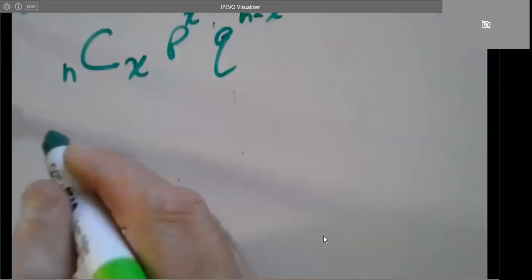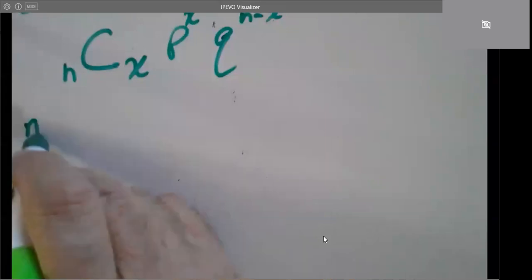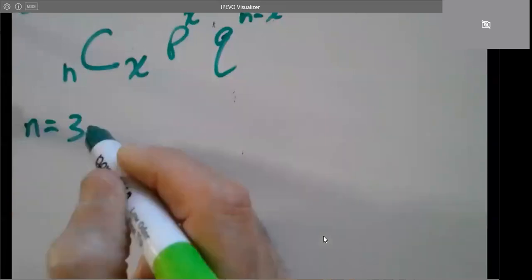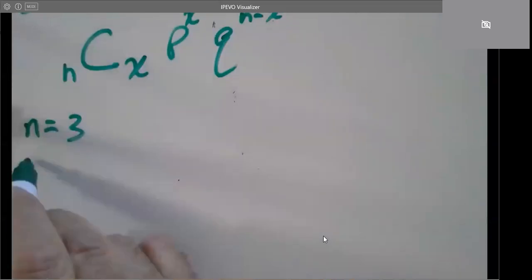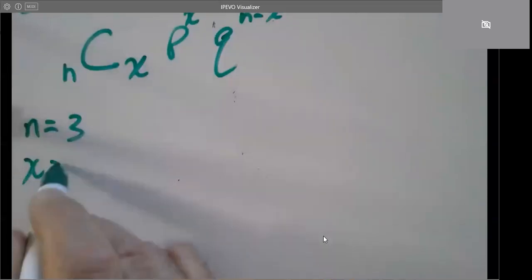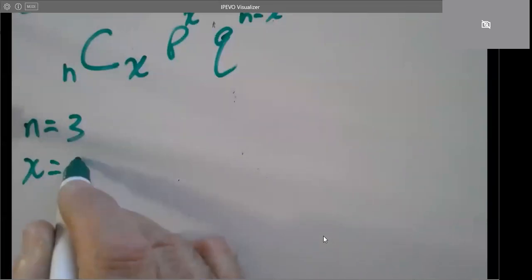So n is your total, which is 3 coins. X is 2 tails, so x is 2.